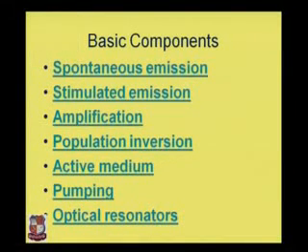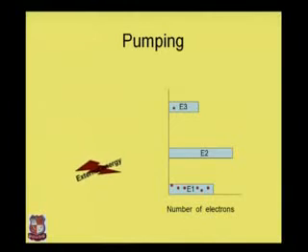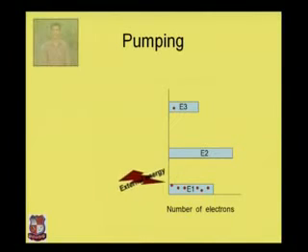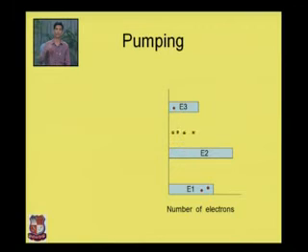Then the next point is pumping. Basically, pumping is the same phenomenon. External energy is used to pump the electrons from the ground state to the excited state. It is the same concept as a water pump. We use the water pump to take our water from the ground level to a higher level.